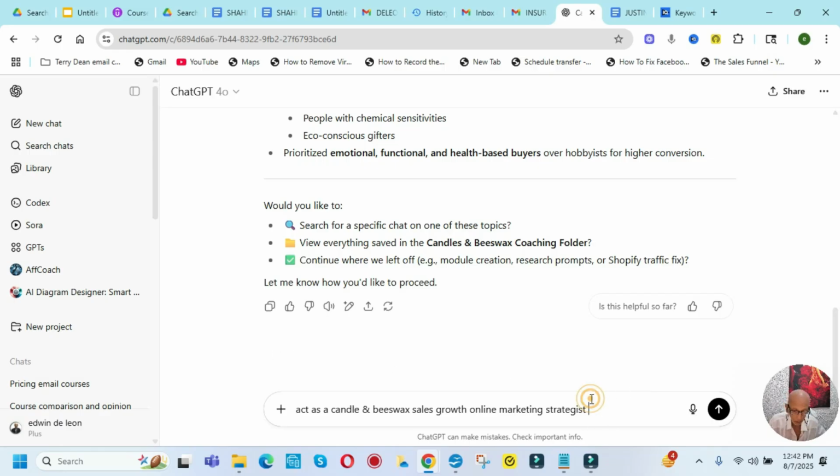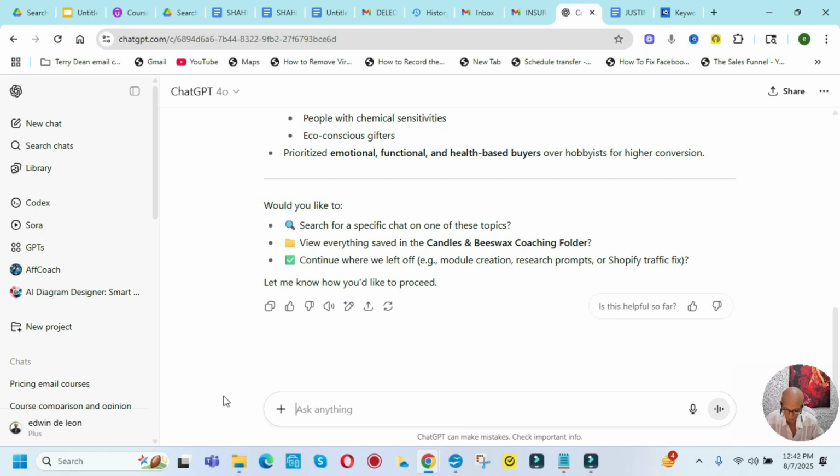The next thing you want to do is get organized and create a folder to save all your conversations, all your chats with ChatGPT, so it's organized.